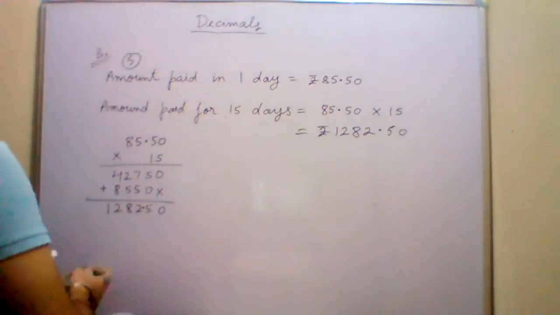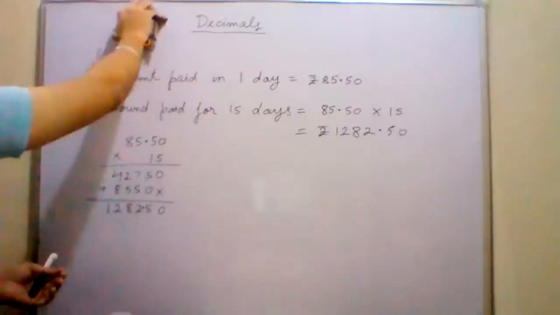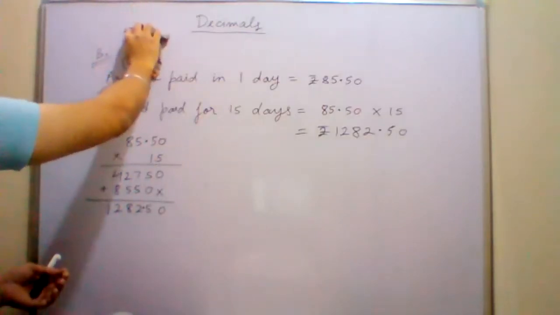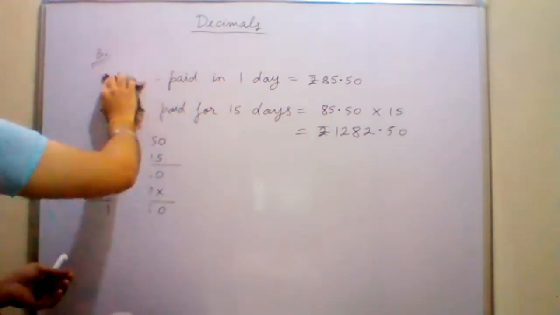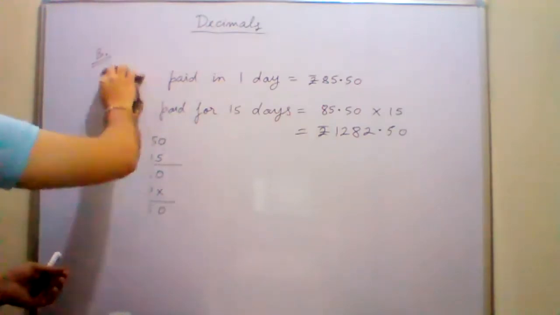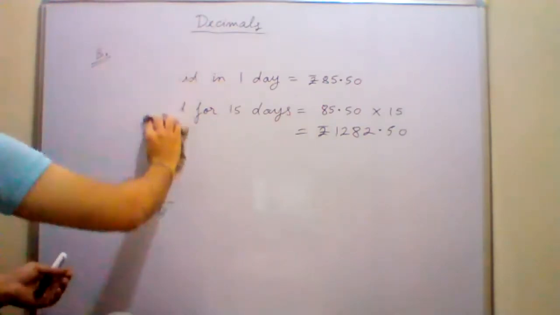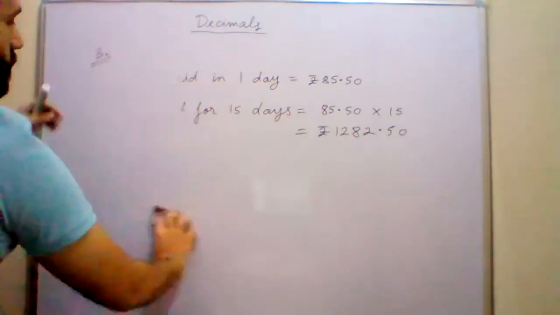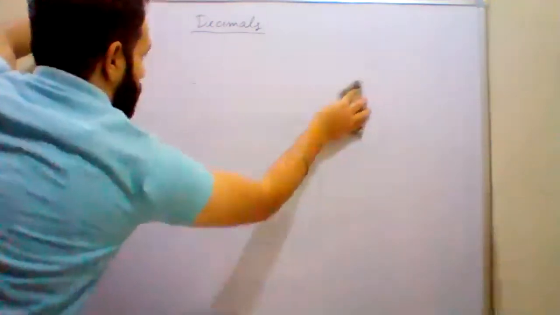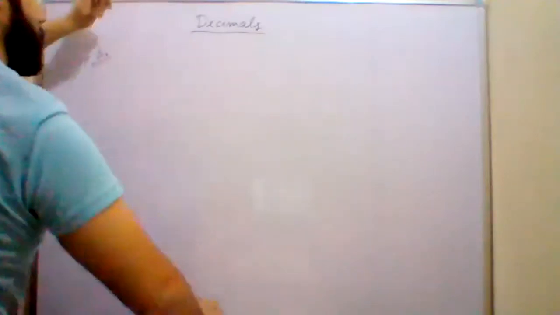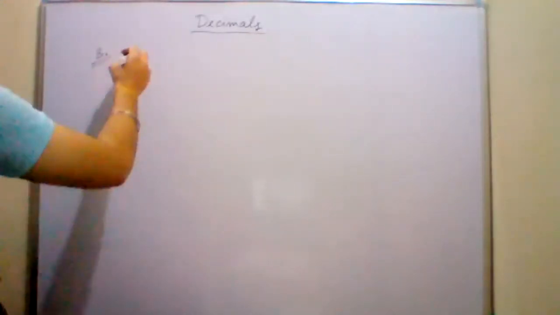Question number 6. 18.6 kg of sugar is consumed in 3 houses in a month.